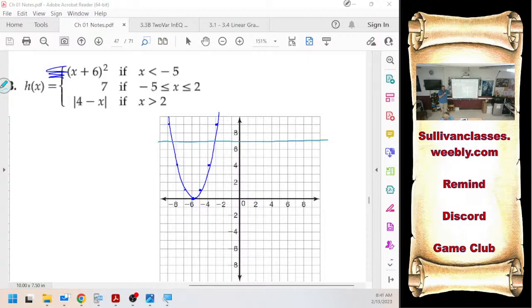That isn't in normal transformation form. Remember, y equals a times the function of b separated from x minus h plus k. It's not in the correct form yet. It's always x minus h, right? So negative x plus 4.